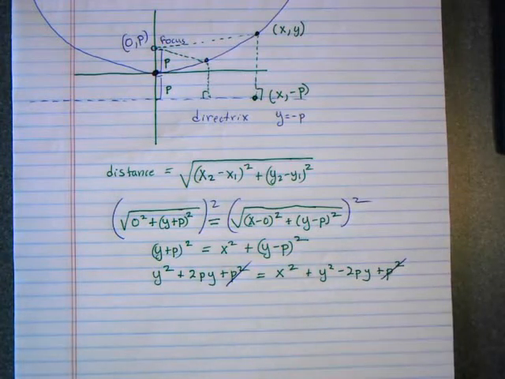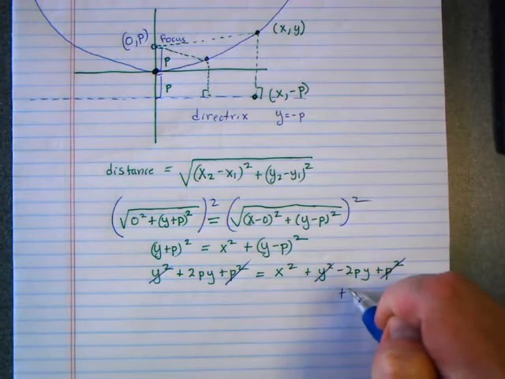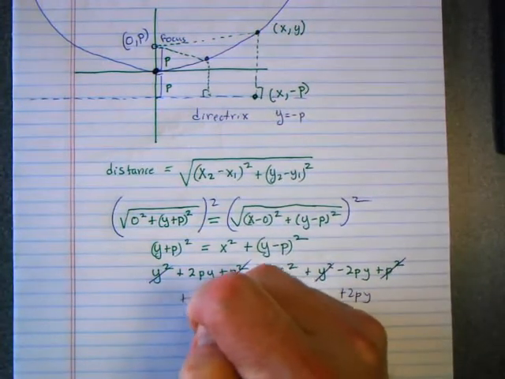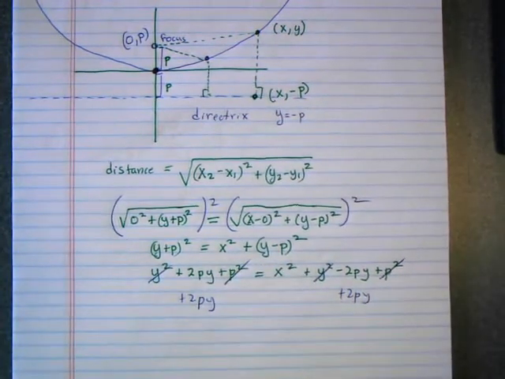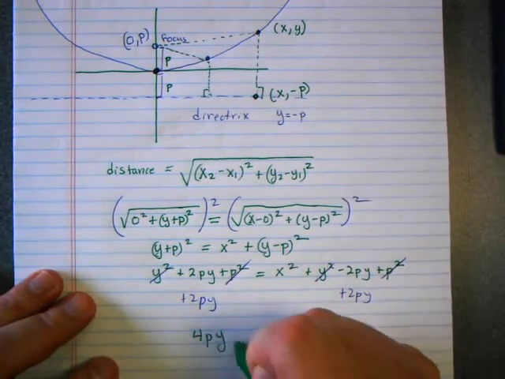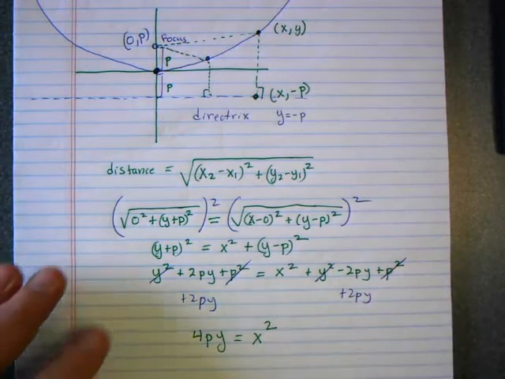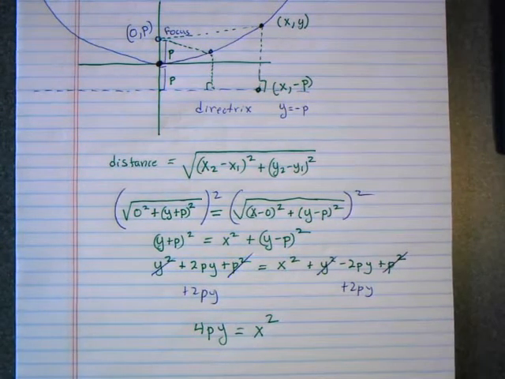Same deal, subtract the y squareds, they go away. I'm going to add 2py to both sides, and I get 4py equals x squared.